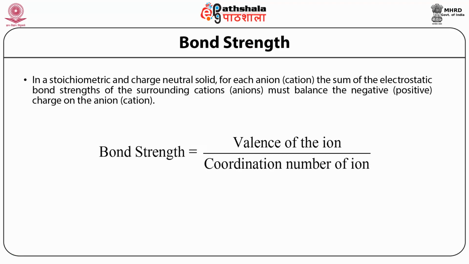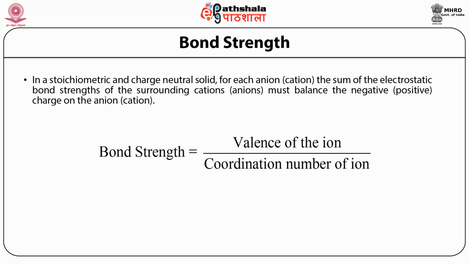Bond strength. The bond strength is a useful parameter to determine whether the derived structure is correct or not, at least charge neutral and stoichiometric or not. The bond strength of an ion is defined as the ratio of the valence of an ion to its coordination number.